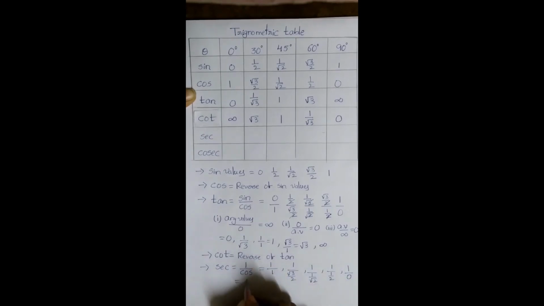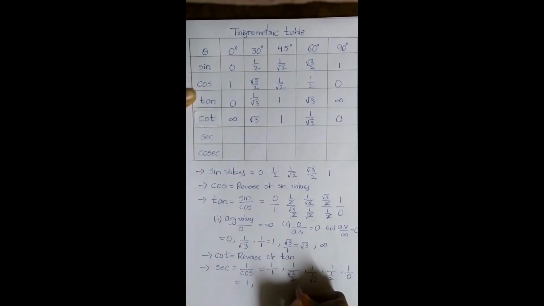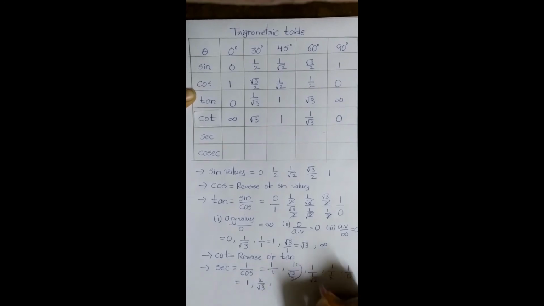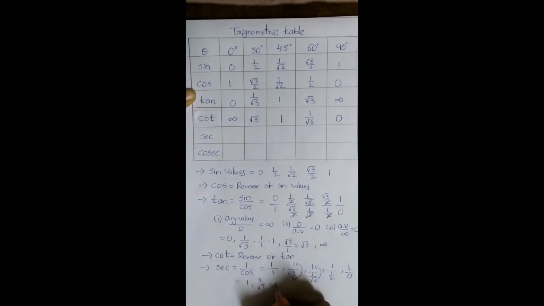1 by 1 value is always 1. Here in the denominator we have 2. This 2 goes to the numerator, then we get 2 by root 3. And here also this denominator root 2 goes to the numerator, then we get root 2 by 1.